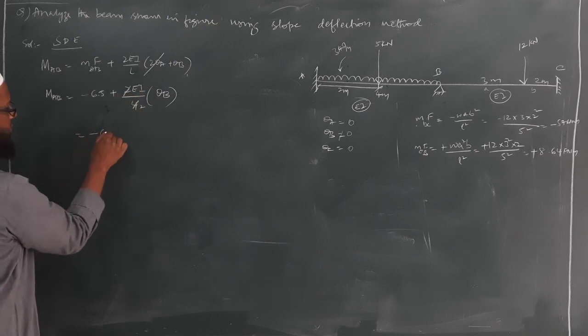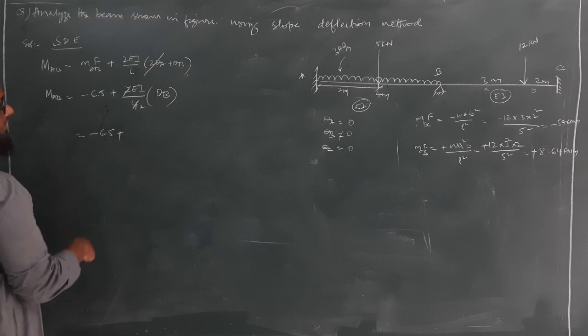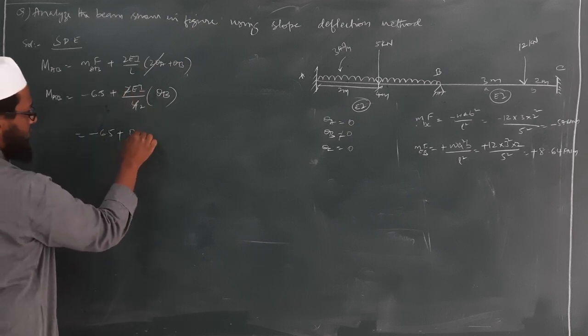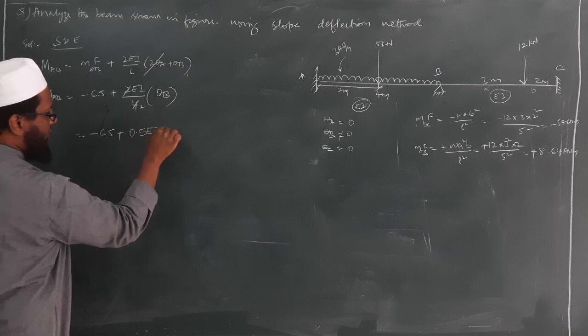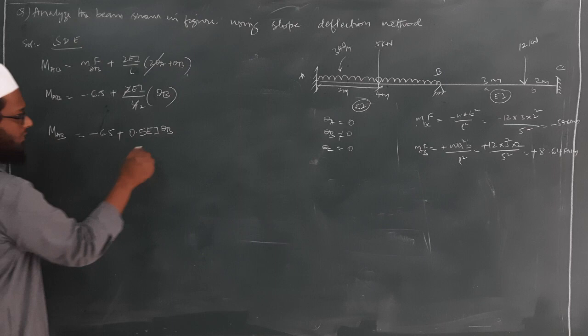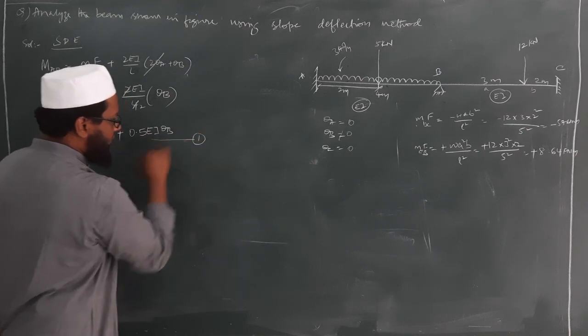So minus 6.5 plus 0.5 EI theta B. This is capital MAB. Call this equation number 1.